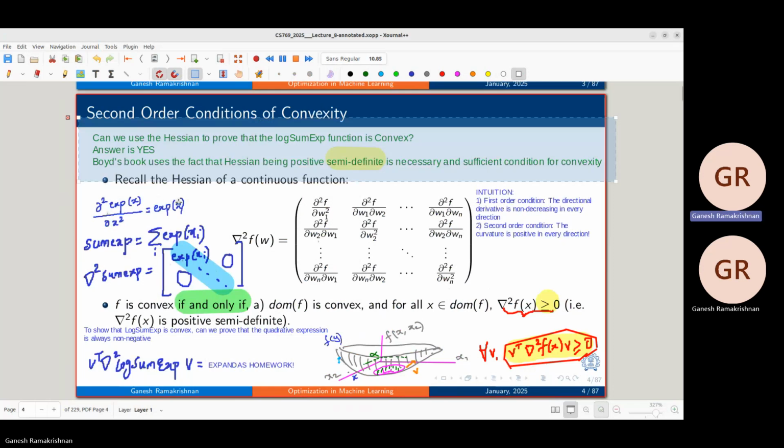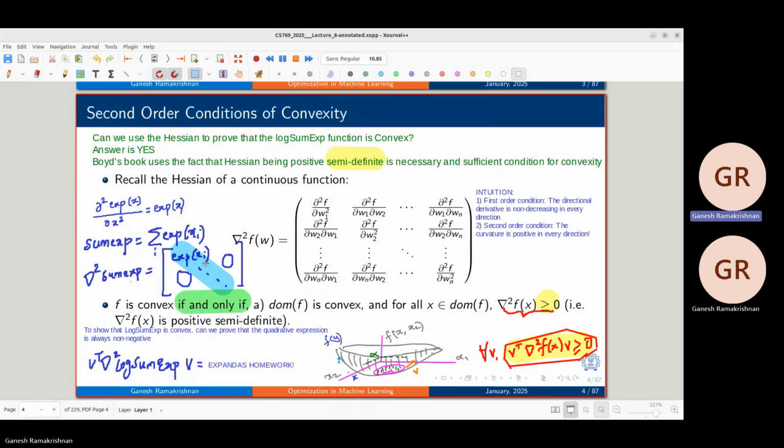So when you do that, of course, the double derivative of exp itself is exp. But specifically, what will happen is when you take the derivative with respect to the variable xi itself, along the diagonal you'll have the exp xi's. But any of the derivatives across xi xj, okay, they will all vanish, right? So this structure is pretty much important, right?